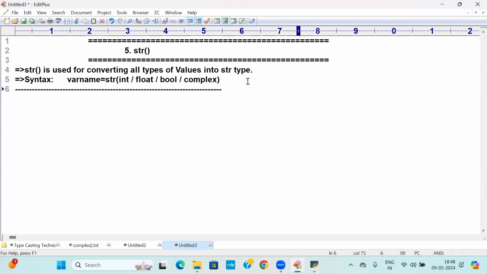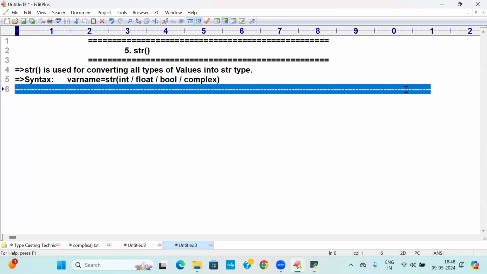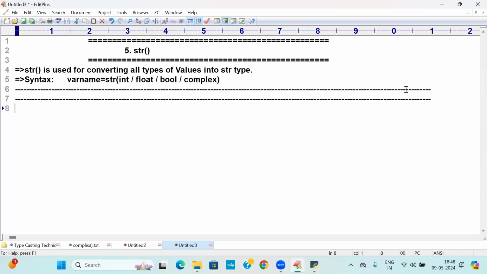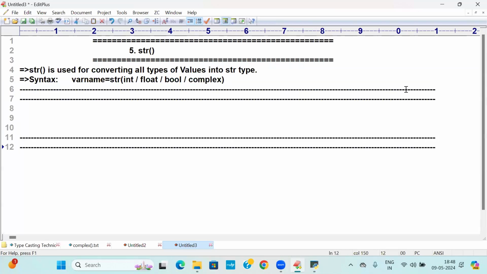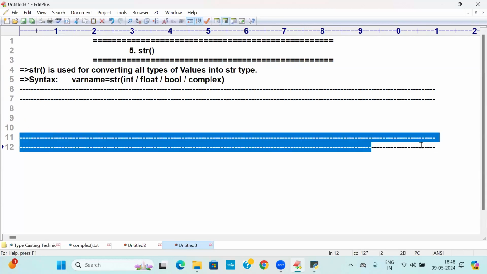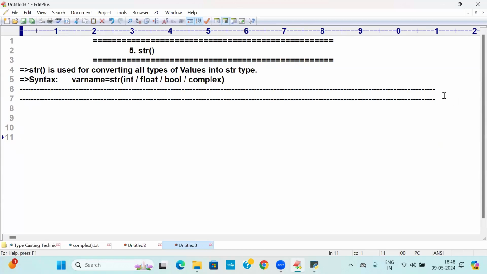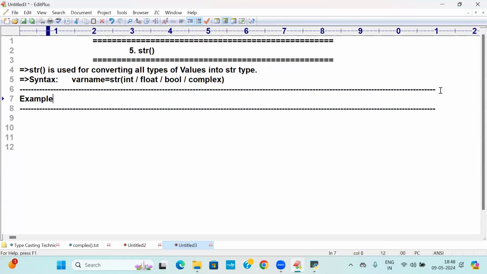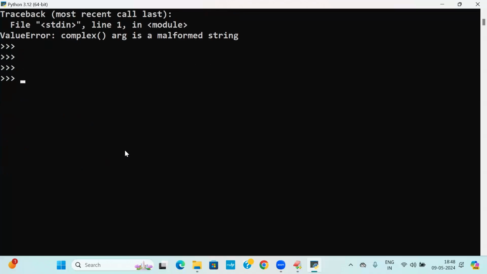Let me go to the example now. Of course, a single example only I will write, that covers all of these. Example: which one am I going to take first? Integer data. Take it directly.